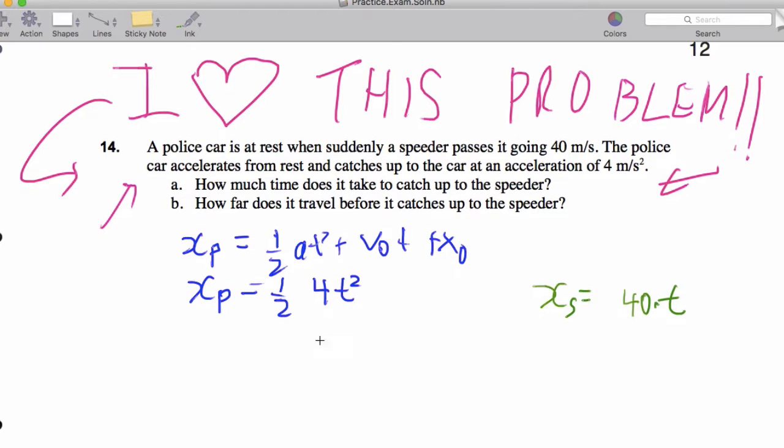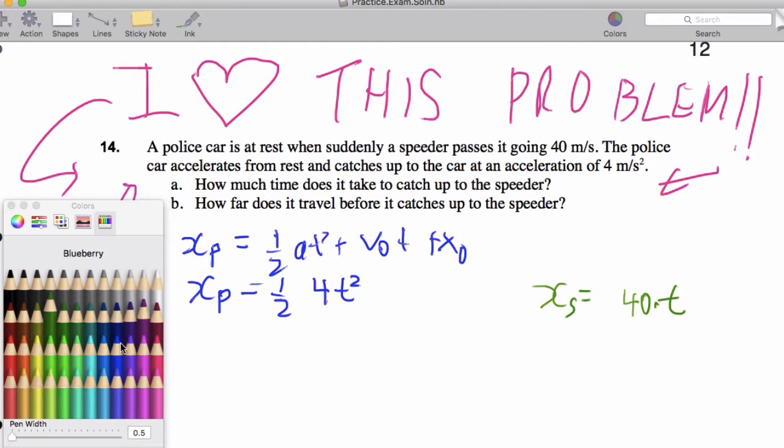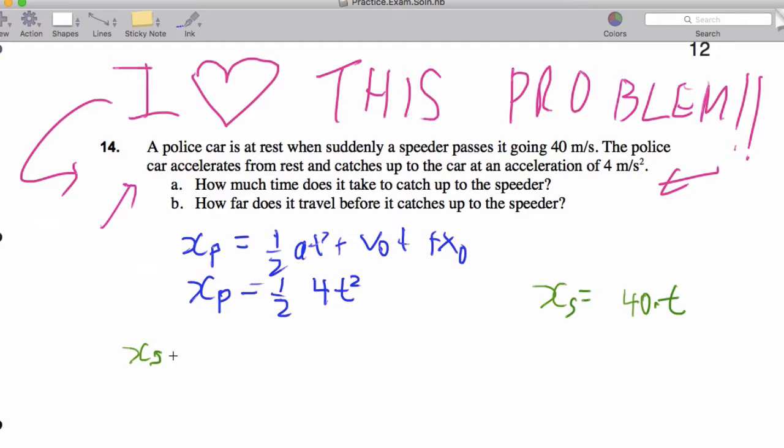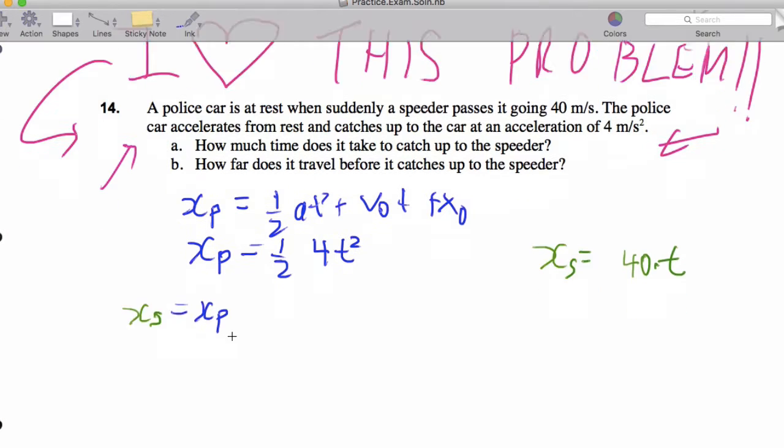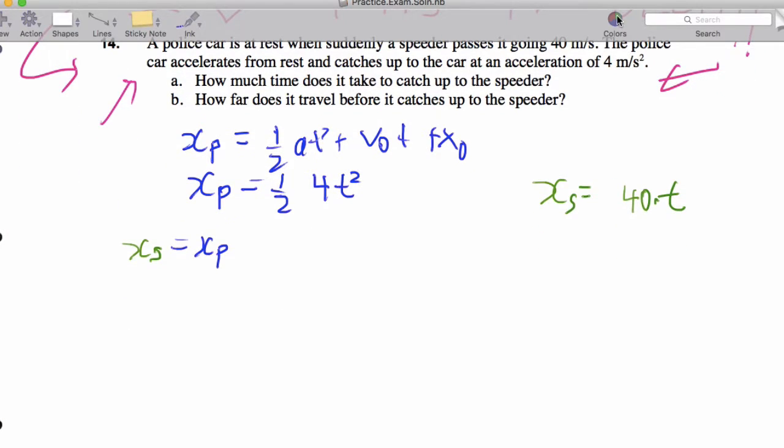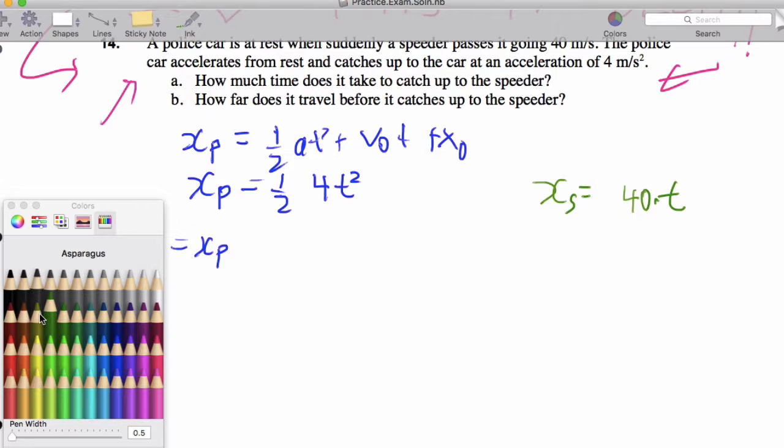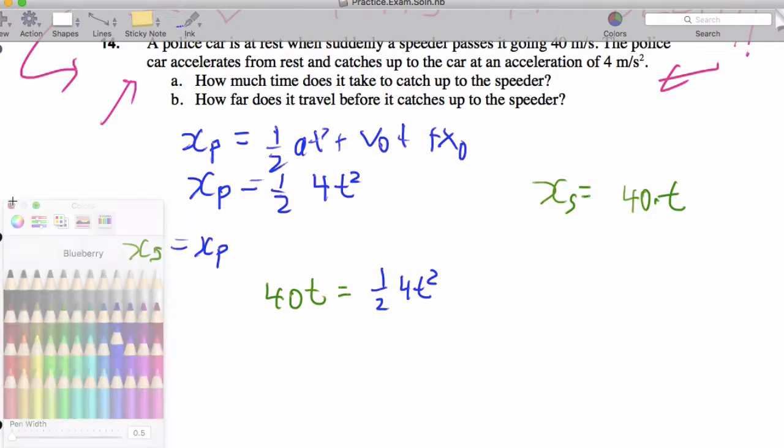So now what we're going to do is they meet at the same place and at the same time. So I'm going to set these equal. This is kind of like the buggy question we did before. So we'll say 40 times t equals 1/2 times 4t squared.